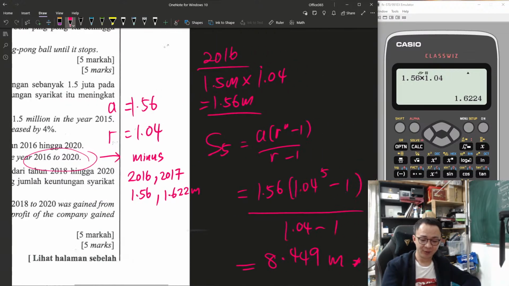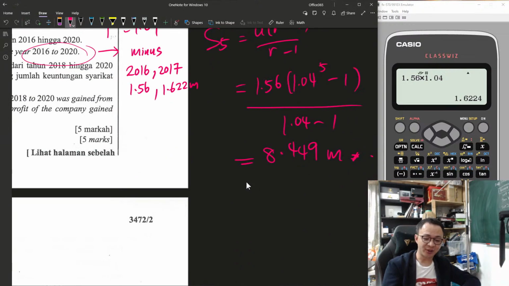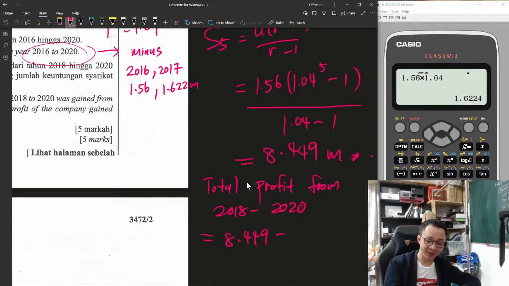So it's 1.622 million. Therefore this one is the total earning for 5 years, and now I want to minus 2 years. I want to know the total profit from 2018 to 2020, so I will use 8.449 minus 1.56 minus 1.622.